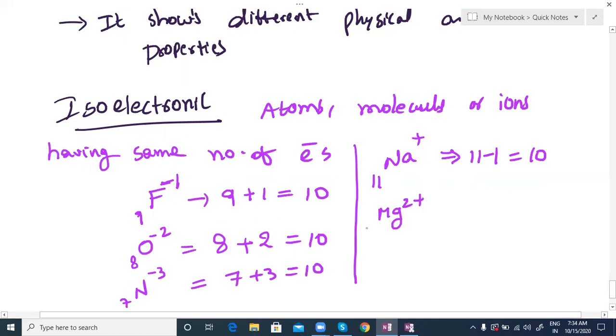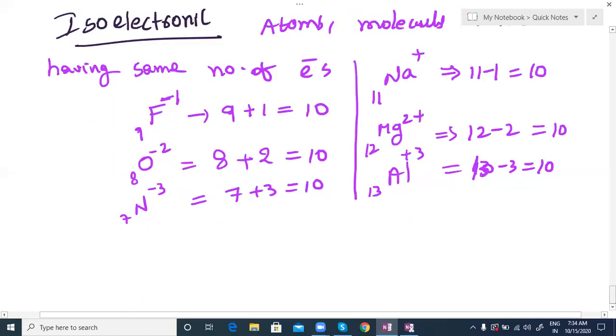Mg2 plus, atomic number 12, so 12 minus 2; as much as it is positive, that much you subtract. So 10 electrons. Aluminium 13 plus 3, 13 minus 3, so you get 10 electrons.